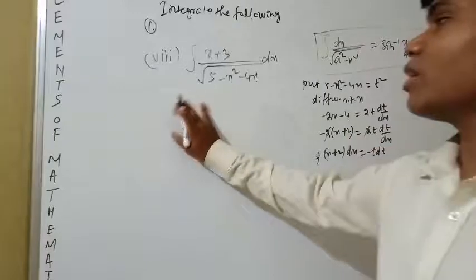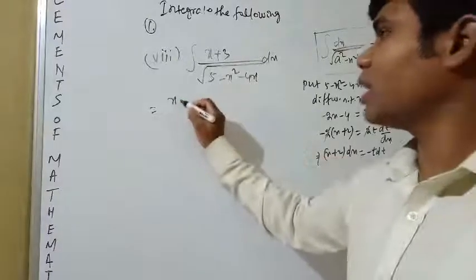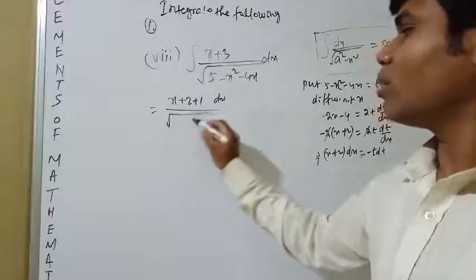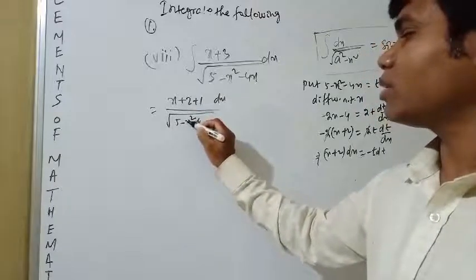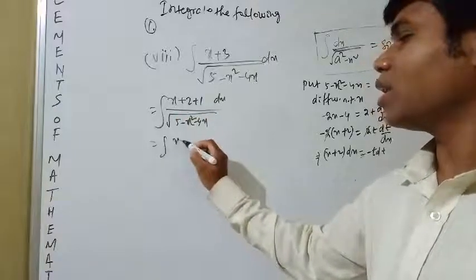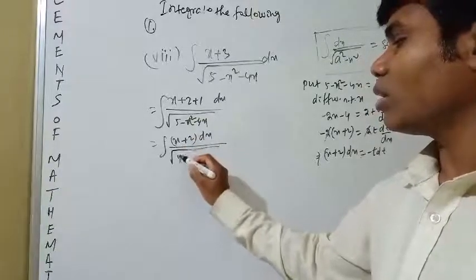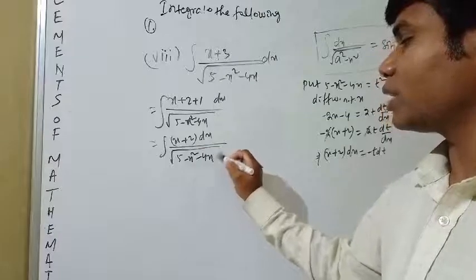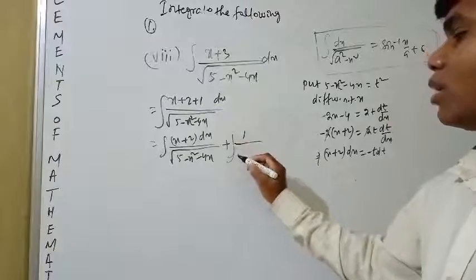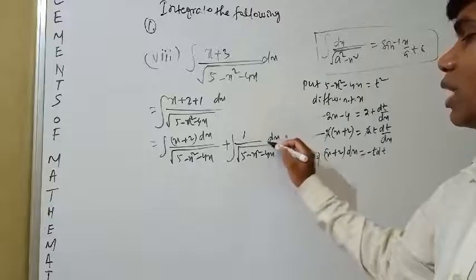Now x plus 3, I can write as x plus 2 plus 1, dx by root over 5 minus x square minus 4x integration. Now you separate: integration of x plus 2 dx by root over 5 minus x square minus 4x, plus 1 by root over 5 minus x square minus 4x dx.